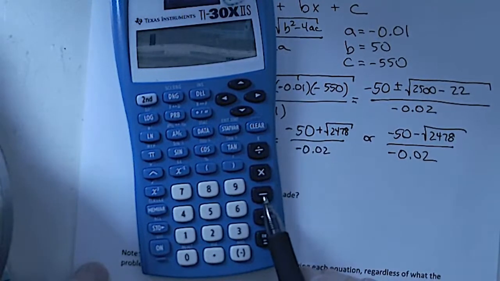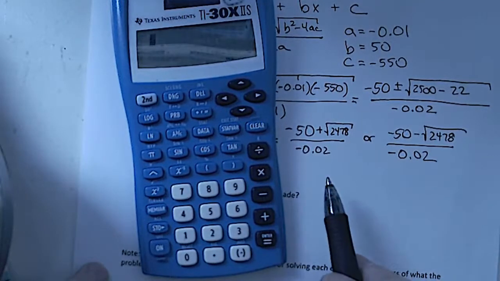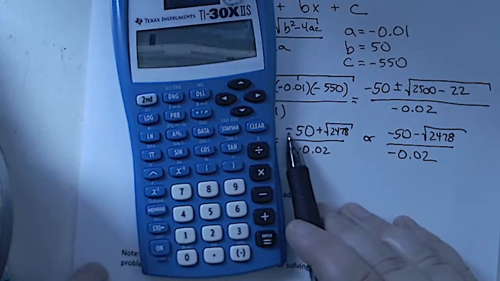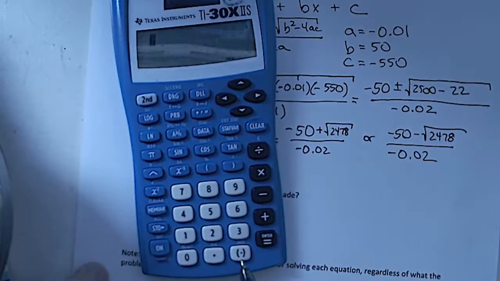The minus is specifically for subtraction, meaning a number, then a minus, and then another number. If you want a negative, you have to find somewhere on your calculator, you either have, like I do, and it's almost worn off because I hit it so many times, this minus sign in parentheses, or you might have a plus or minus key somewhere.